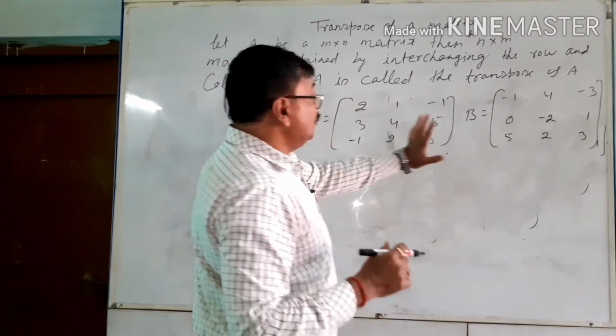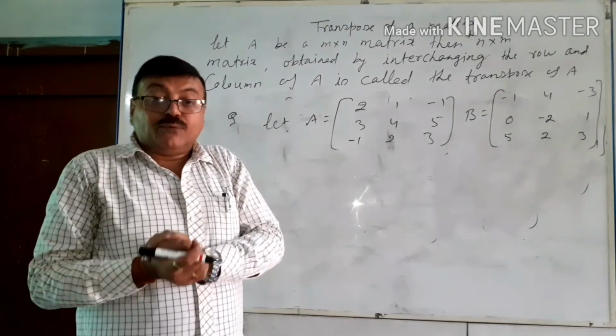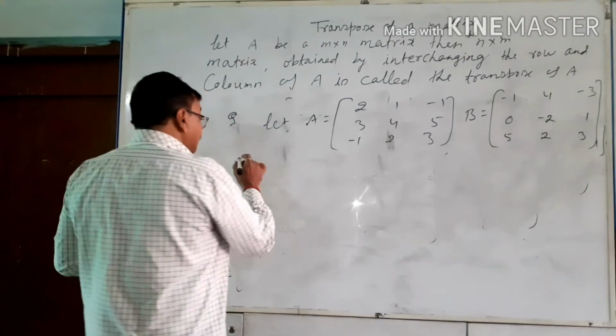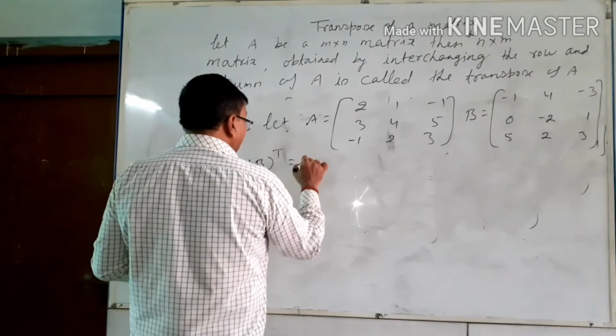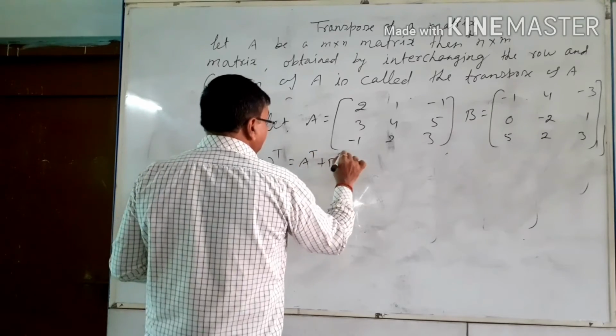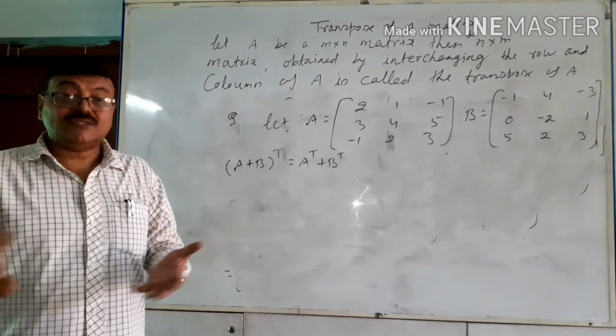Those are the two matrices, and we have to prove that (A plus B) transpose equals A transpose plus B transpose. It's also a property of the transpose.